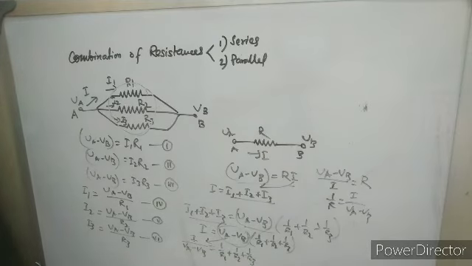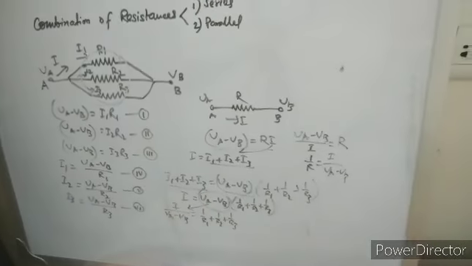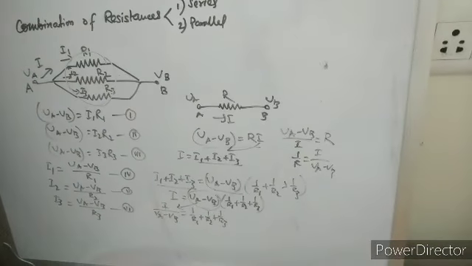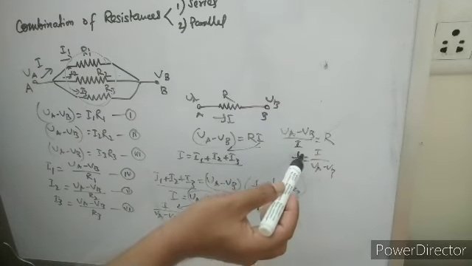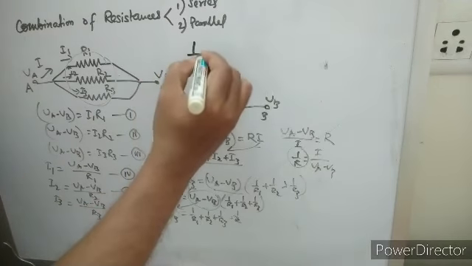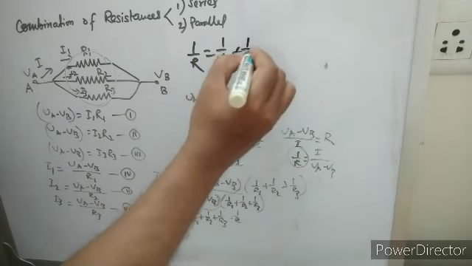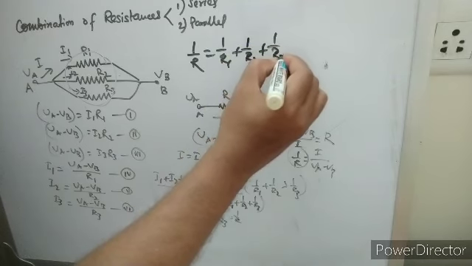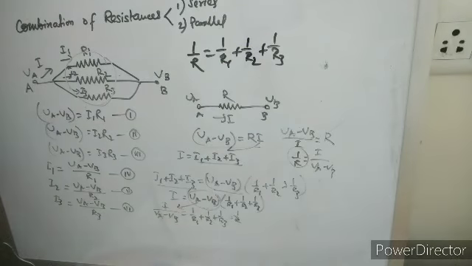Therefore 1 by R equals 1 by R1 plus 1 by R2 plus 1 by R3. So, 1 by R equals 1 by R1 plus 1 by R2 plus 1 by R3.